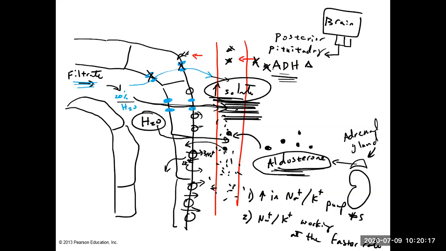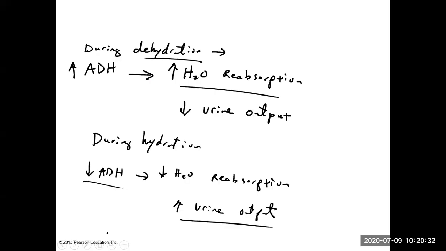So what that means is they're pumping fast, there's a lot of them, and you're creating a lot of solute on this side. So the water could either go right through the aquaporin or between the cells, transcellular and paracellular, both of which they are doing.